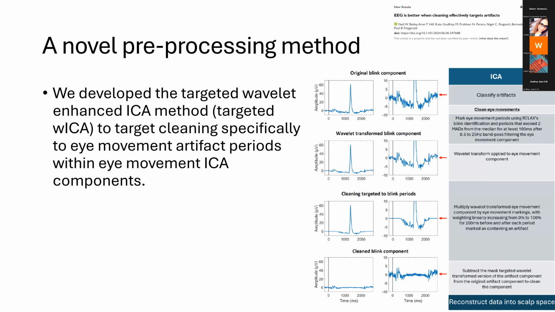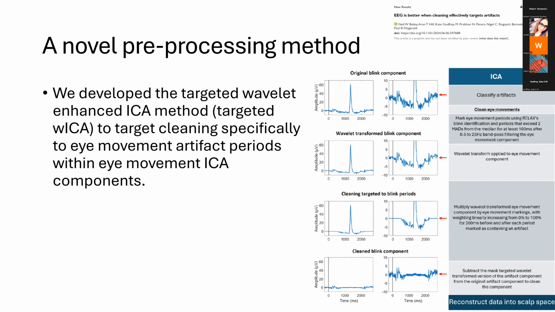And so I would note at this stage that this issue is the strongest from what we've seen at the frontopolar electrodes. And so it might not be an issue for other electrodes or other types of analyses. But to address this point that we think is an issue, we've developed a targeted wavelet enhanced ICA method.